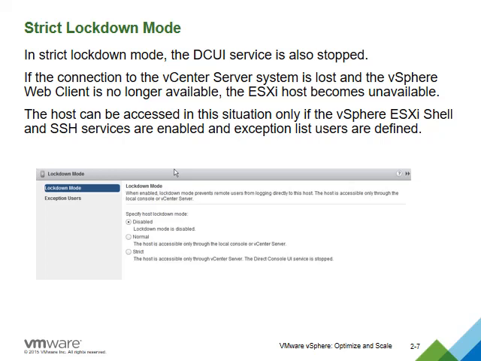The exception list, users on it keep their permissions when the ESXi host enters lockdown mode. These accounts are meant to be used by third-party solutions or external applications that need ESXi to continue functioning.